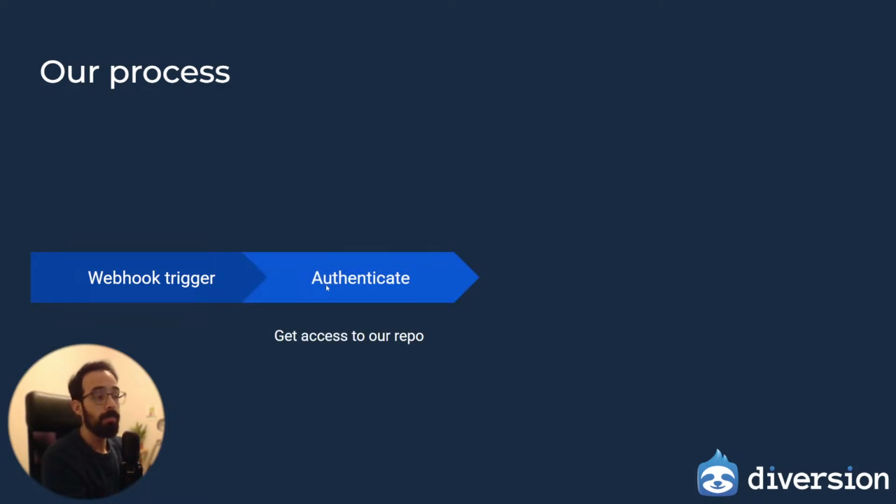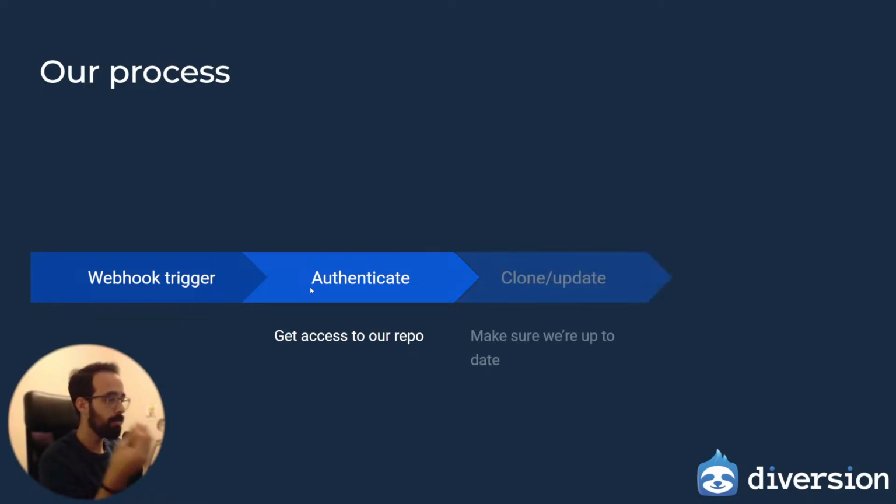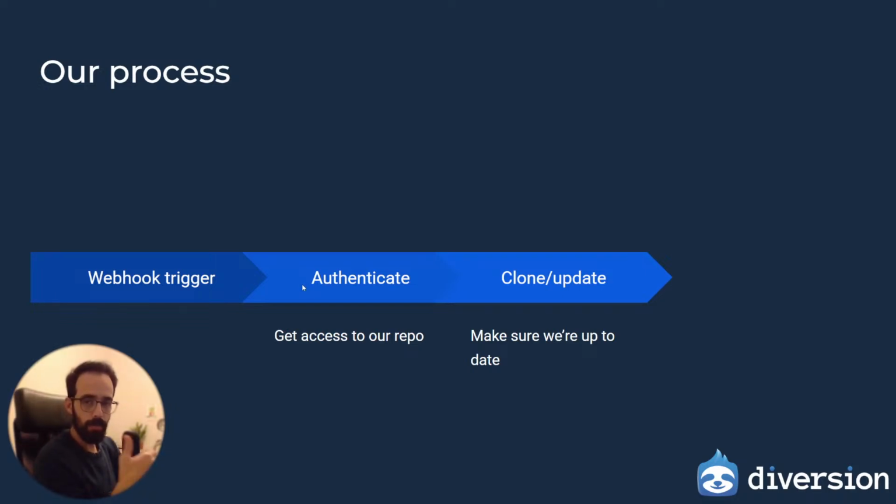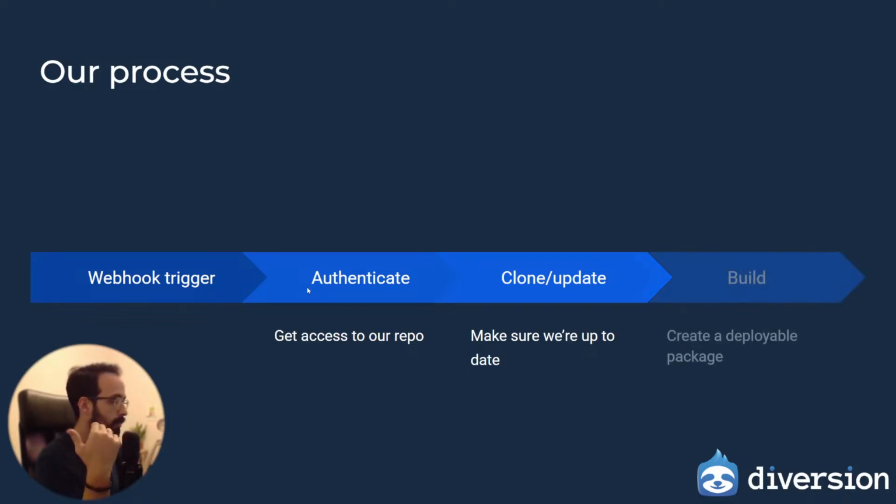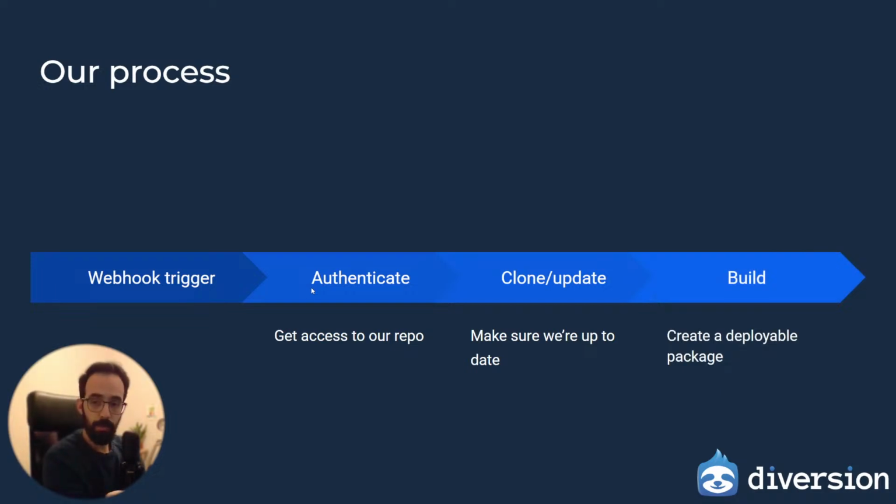Then you need to authenticate, so the pipeline needs to get access to your repository. Then we need to get a specific version of our repository. We'll just get the latest one. And then you've got to create a deployable package, something that needs to get into people's hands. And we want to do that automatically.